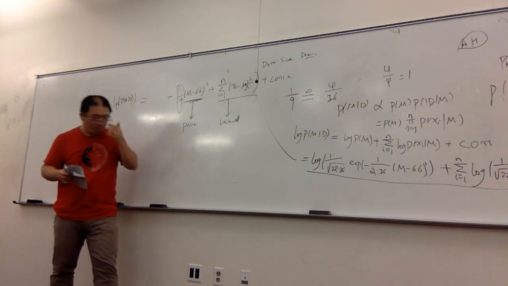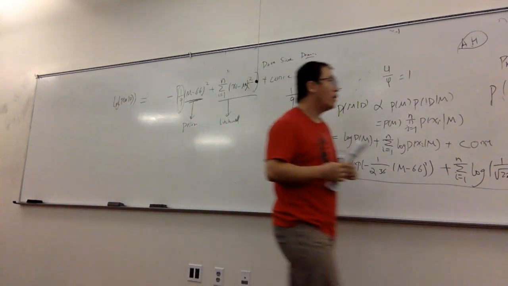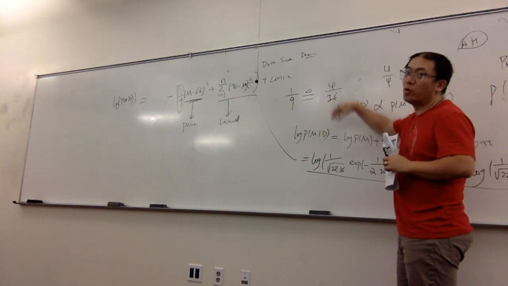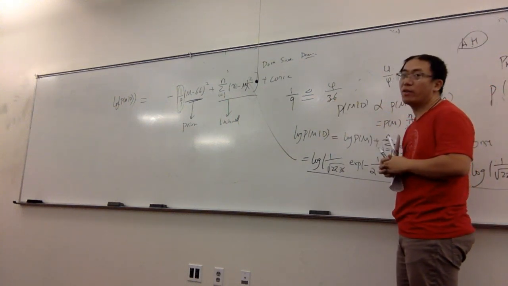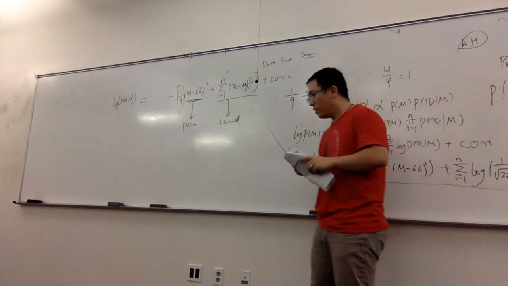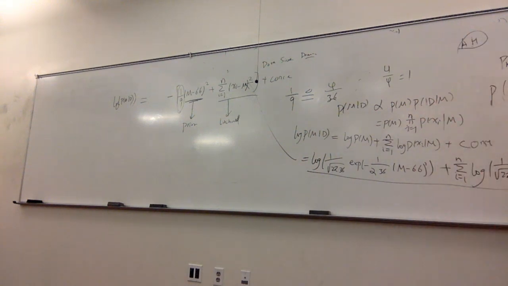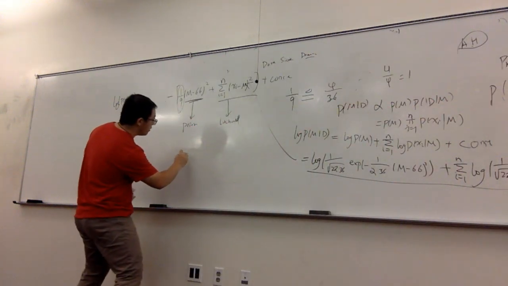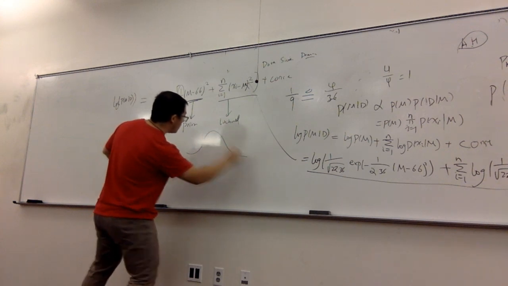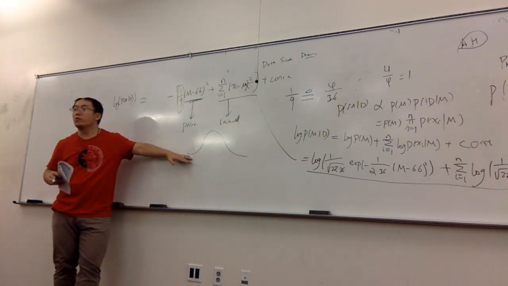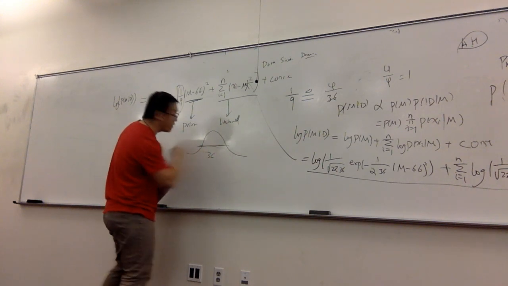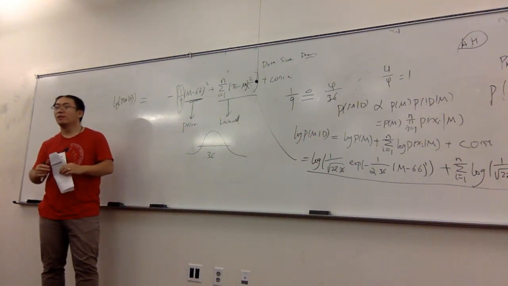From the qualitative point of view, let us look at why decreasing the variance of the prior will increase the weight of the prior. What does it mean for the prior variance? Suppose this is our original prior, with a corresponding variance of 36. It's pretty flat.